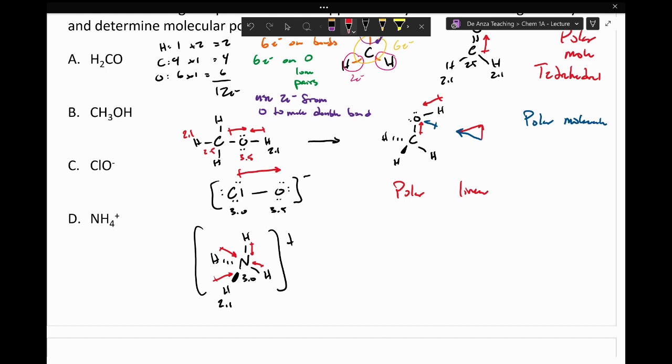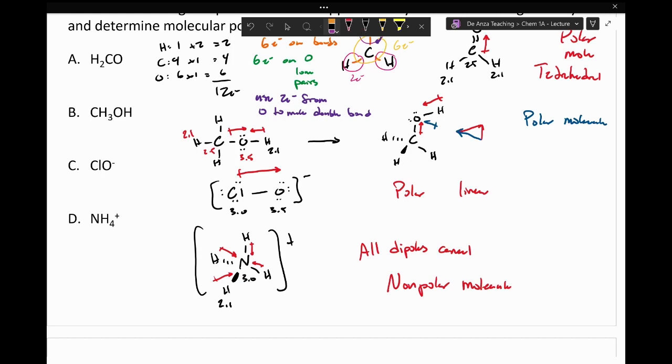And in this case, as with many molecules, if you have symmetry across the whole molecule, all dipoles are going to end up canceling. What that means is that this is a net non-polar molecule. And if we wanted to write down its geometry, we'd say this is tetrahedral.